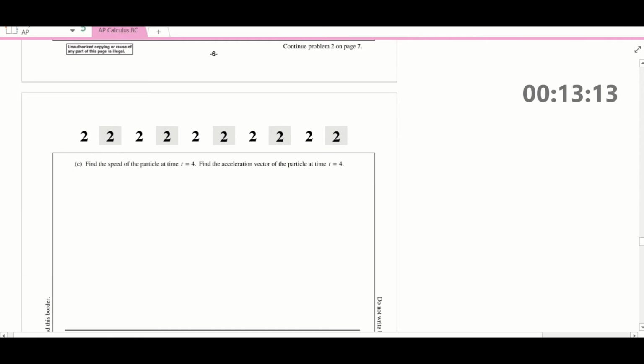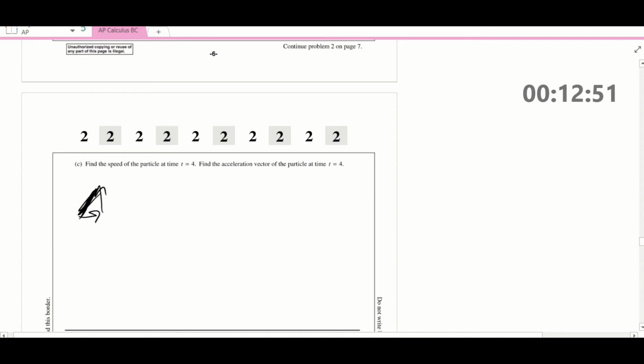If we find the x derivative and we find the y derivative, the speed is just the hypotenuse here, because it's pretty much just the arc length.